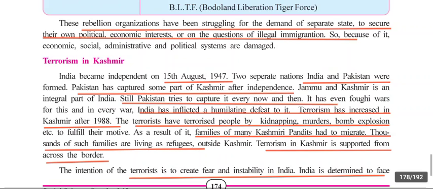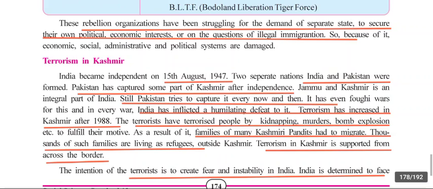Still, Pakistan tries to capture it every now and then. It has even fought wars for this, and in every war, India inflicted a great defeat on Pakistan. But still, Pakistan-occupied Kashmir has not been recovered.